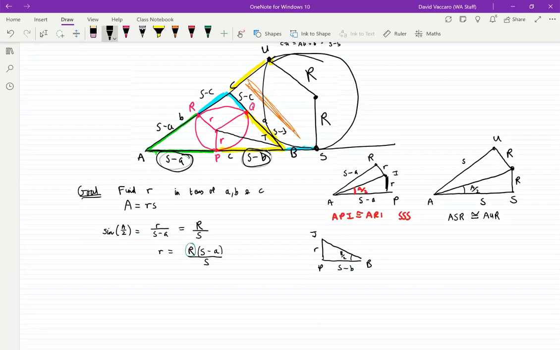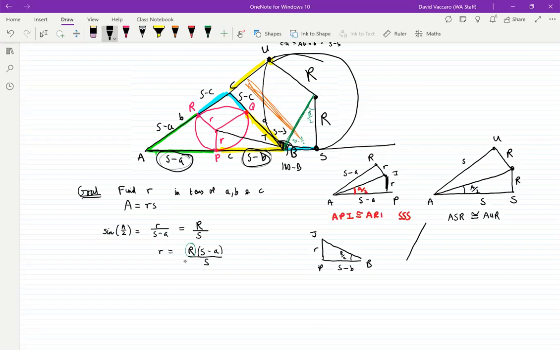But I can now find that this angle over here, CBS, is 180 degrees minus B. If I then consider this line to the center of the X circle, that bisects this angle. So this angle in here is 90 minus B over 2, so this angle at the center of my circle is B over 2.